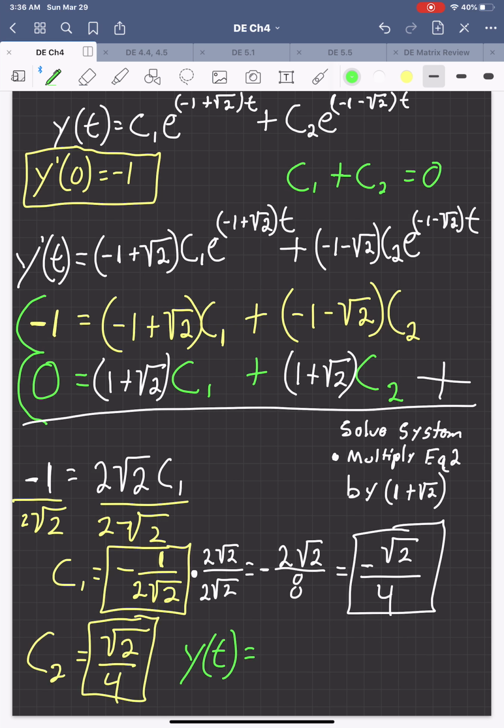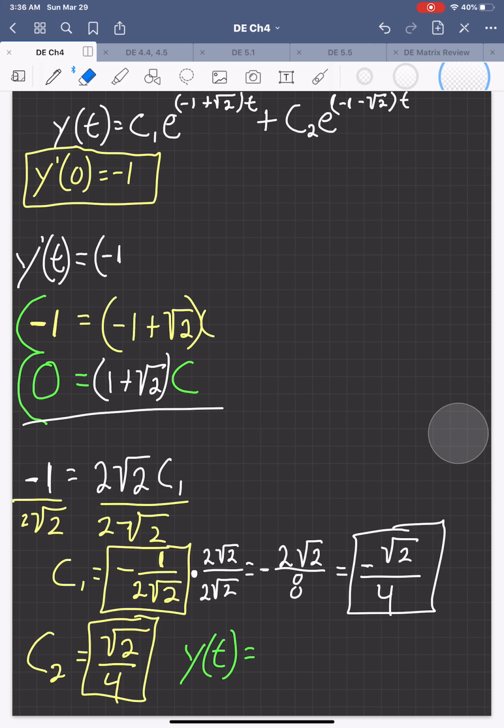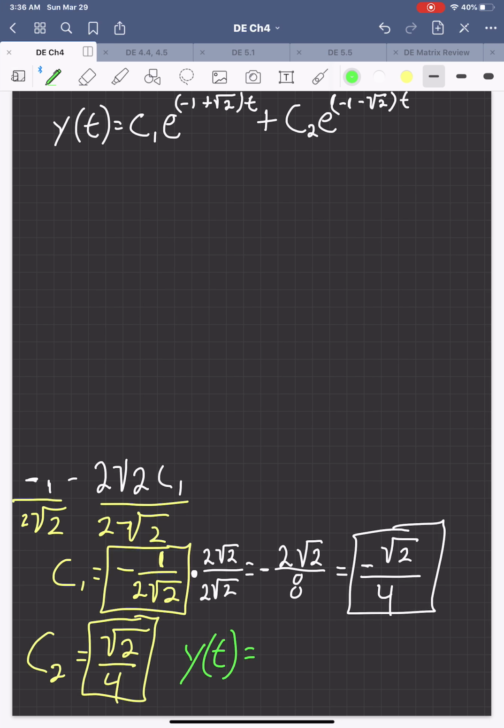So I think the best thing for me to do is to go ahead and clear this board. Okay, if you need to pause it, you pause it. But I'm going to clear everything out except my answers. And I'm going to go ahead and plug in for C sub 1 and plug in for C sub 2.